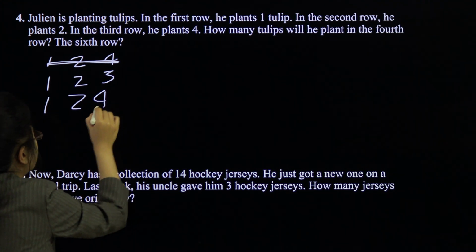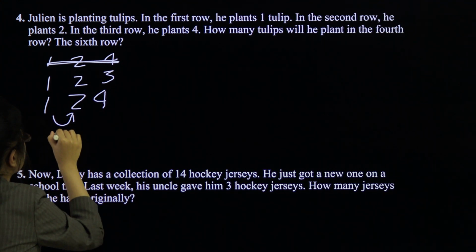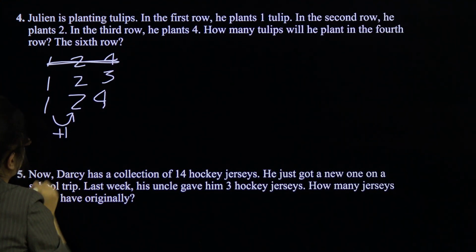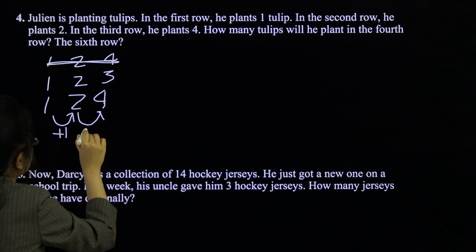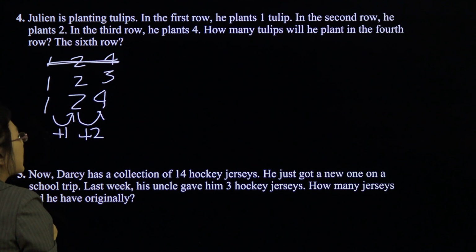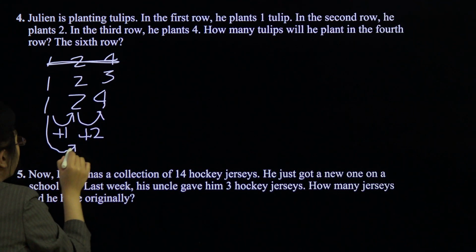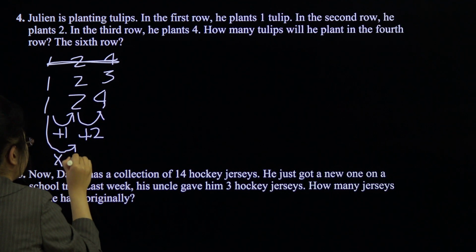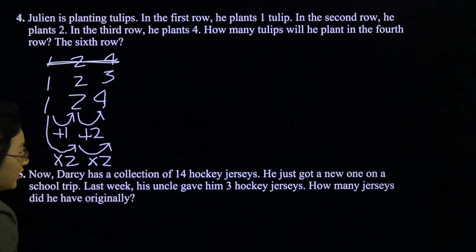Well, what's the pattern? Well, we have plus 1, plus 2. That doesn't really work. At least not in the patterns that we know. So we could also do times 2, times 2. That's consistent.